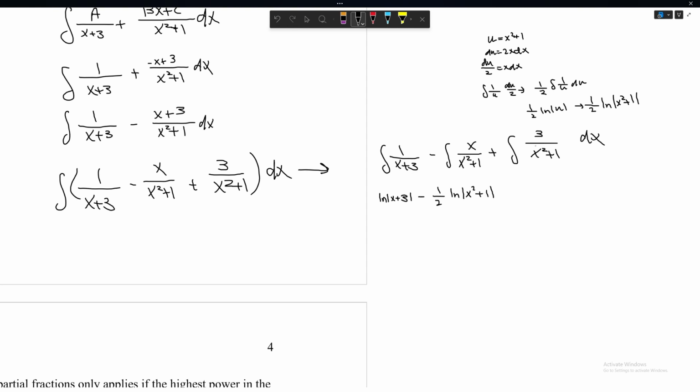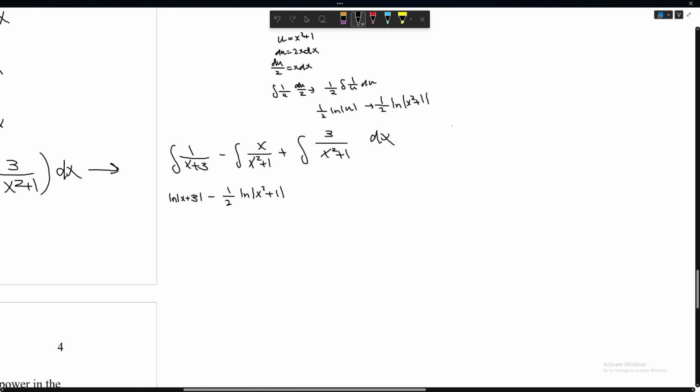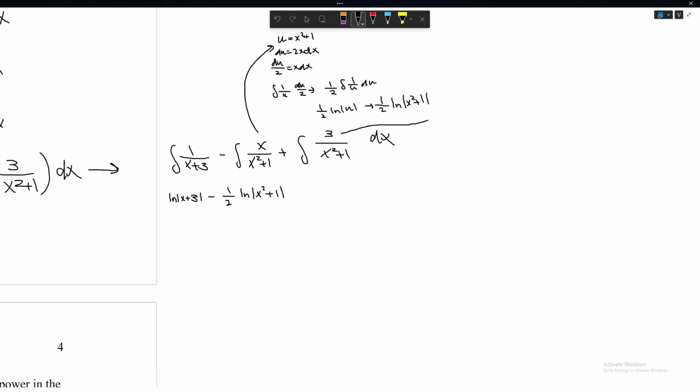Right? Now how do I integrate this part? Still, I cannot use substitution. This is quadratic at the bottom. So I'll do it up here. And there you go. Integral of 3 over x squared plus 1. This is going to be funny. Watch this.